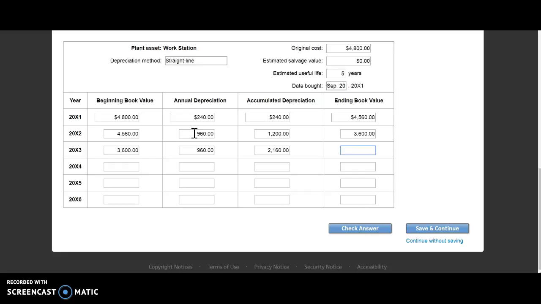Figure out our new ending book value. That becomes our beginning book value. Same depreciation. Figure out our new accumulated depreciation. Figure out our new ending book value. Same depreciation.